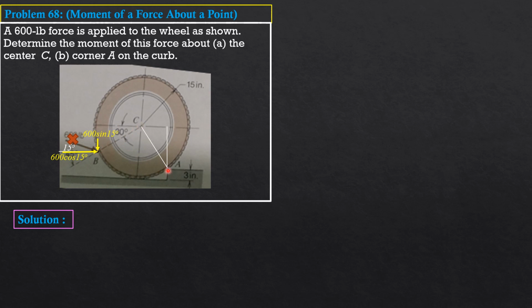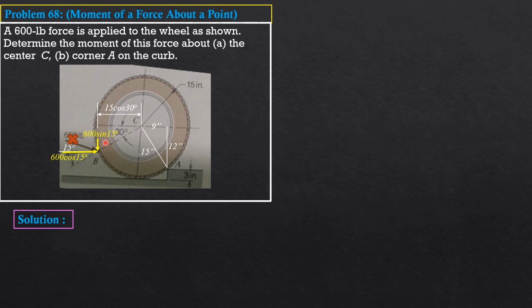So from corner A, also for part B, this radius is 15, and this is 15 minus 3, so 12 inches. So by Pythagoras theorem, this horizontal distance is square root of 15 squared minus 12 squared, so that's 9 inches. So that's 15 cosine 30 degrees.